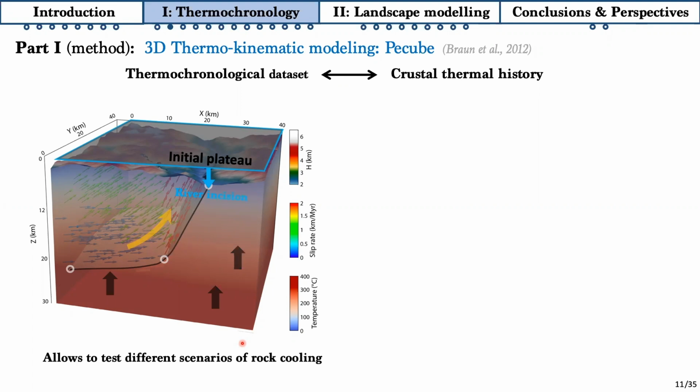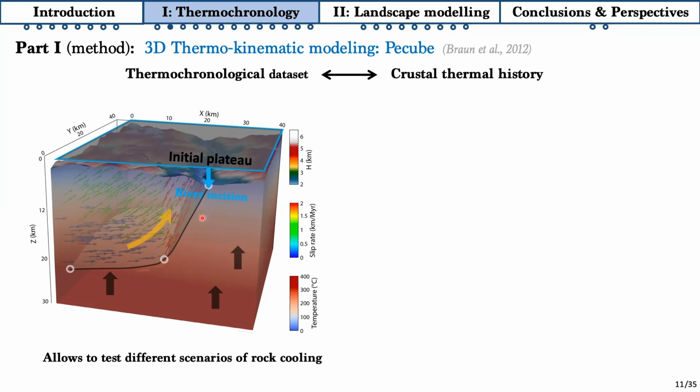And the model allows us to invert and constrain different parameters, such as the exhumation rate, exhumation timing, the fault slip rate, and the geometry of the fault, defined by this white spot here.